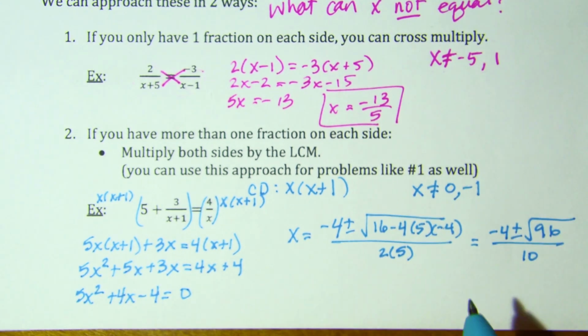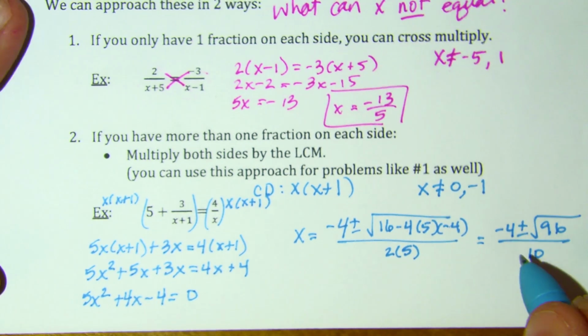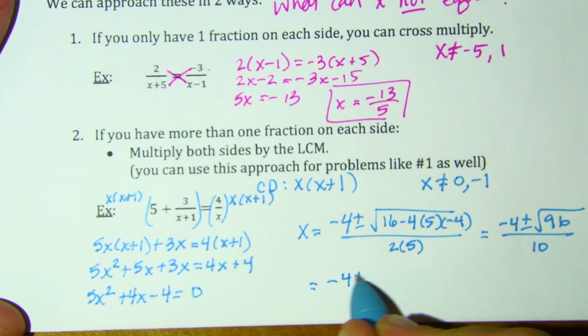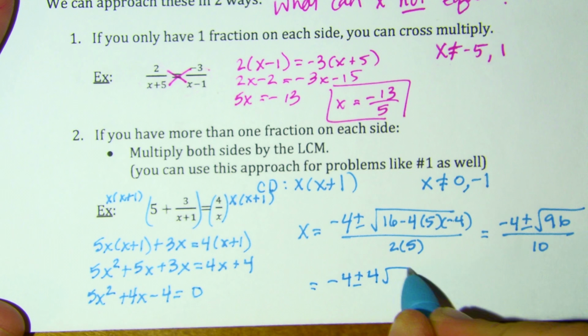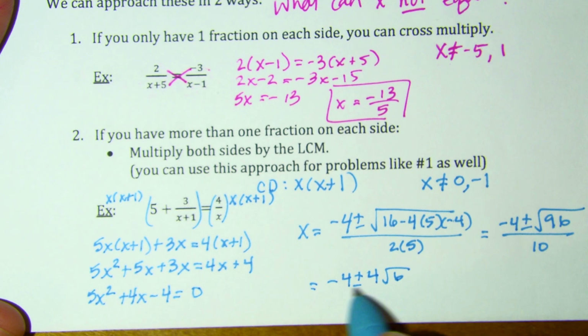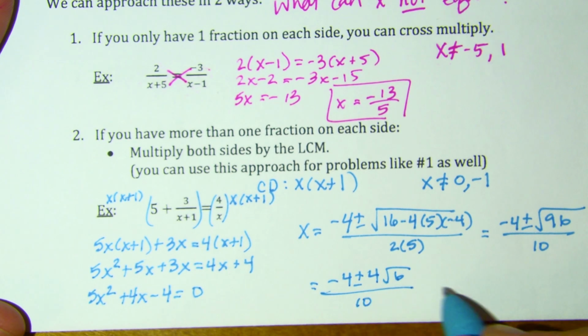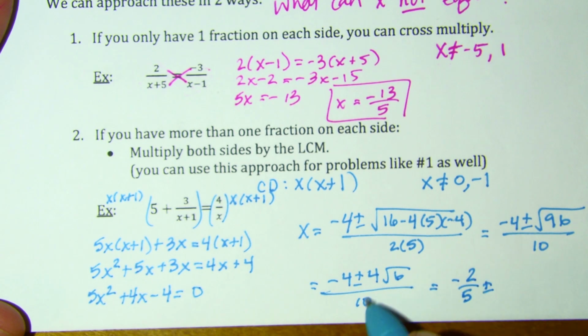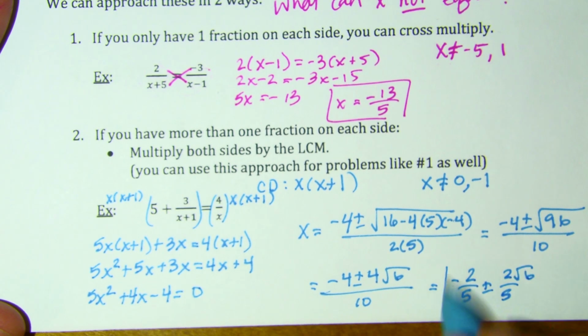And from here we want to simplify that as much as possible. We can rewrite the square root of 96 as 4 root 6. So this is going to be negative 4 plus or minus 4 square root 6 over 10. And that can reduce. 4 over 10 reduces to negative 2 over 5 plus or minus, and the 4 and 10 again to 2 over 5 and square root 6.